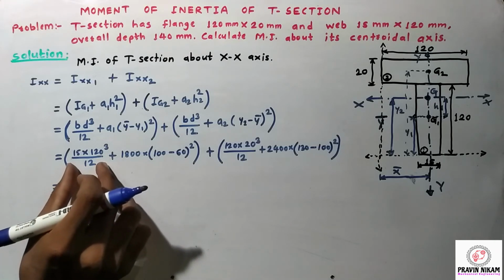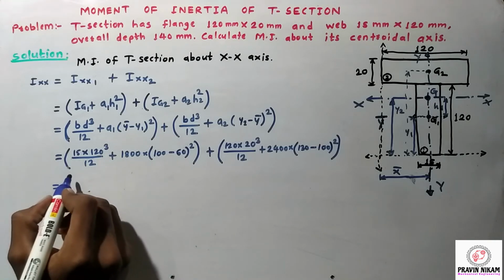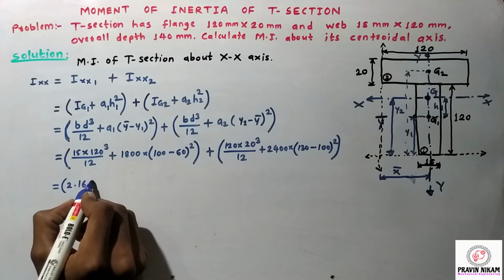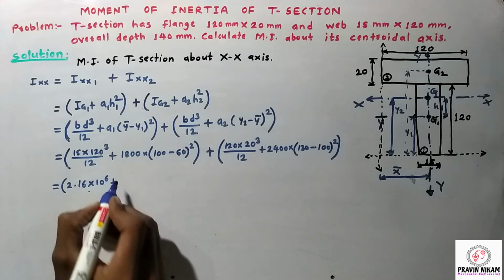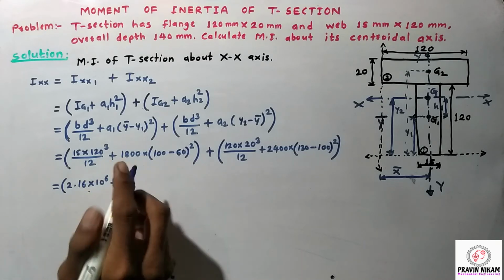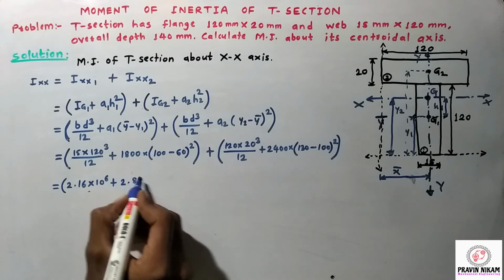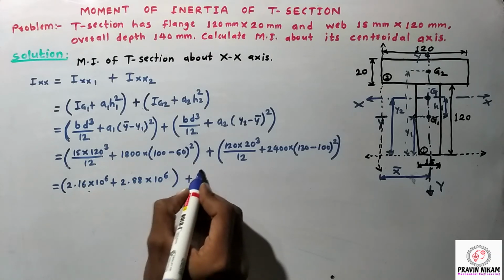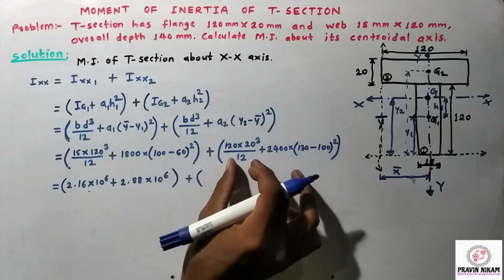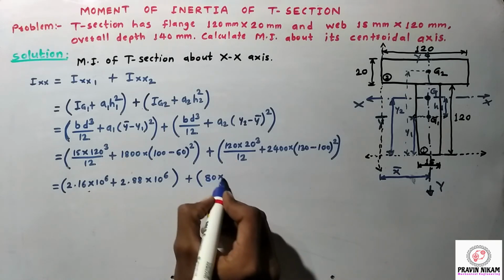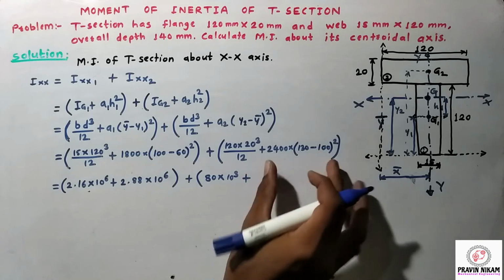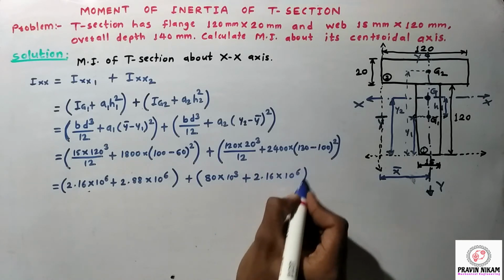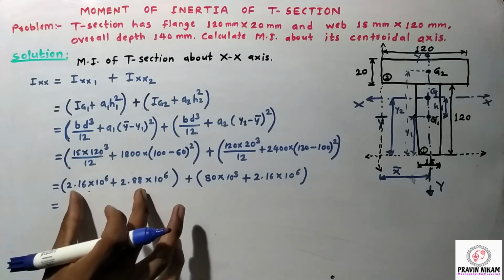So this term becomes 2.16 into 10 raised to 6 plus this term becomes 2.88 into 10 raised to 6, bracket complete, plus this term becomes 80 into 10 raised to 3 plus this term becomes 2.16 into 10 raised to 6. Now add these two values.